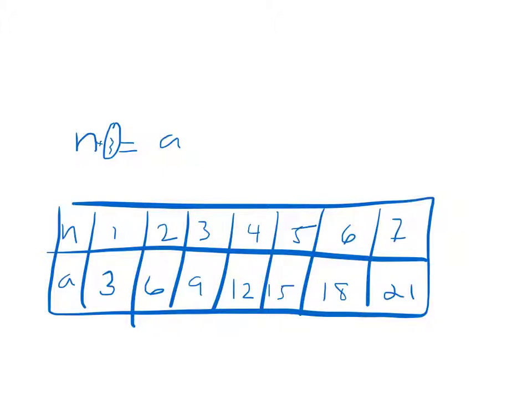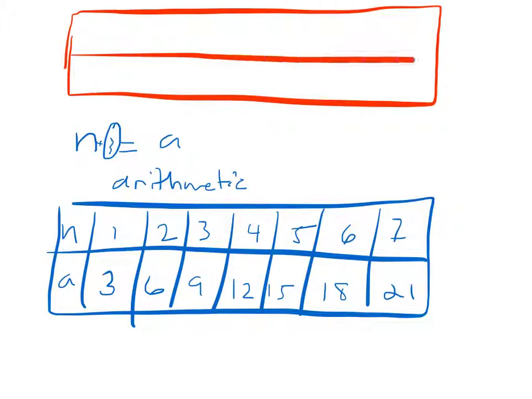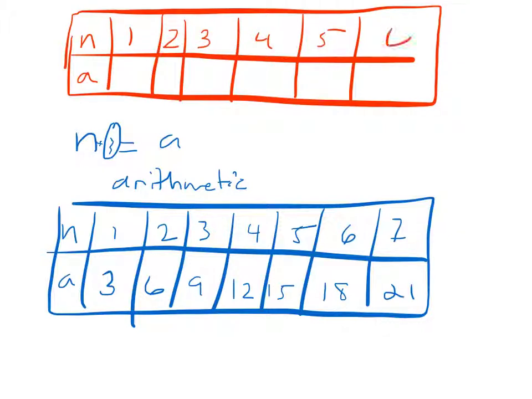Okay, so this type of sequence again is an arithmetic sequence. Okay. If we go to our geometric sequence that we just did, good enough. We had n and a, and n was 1, and 2, and 3, and 4, and 5, and 6.